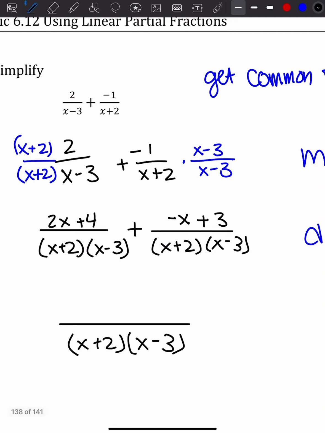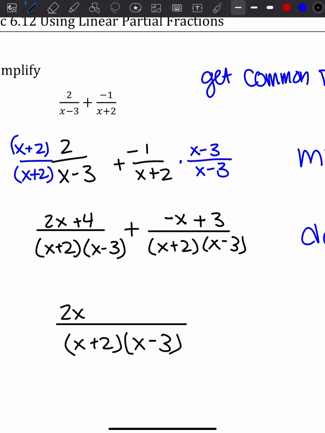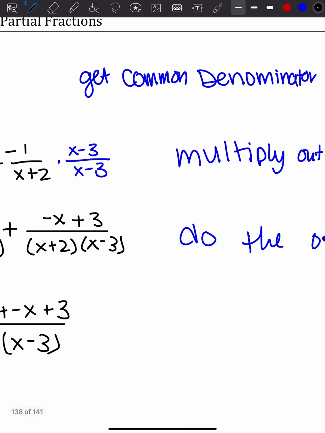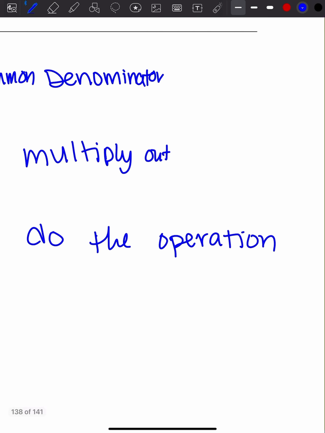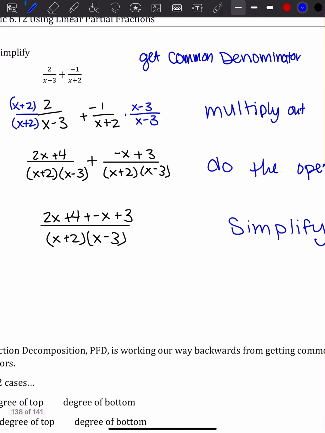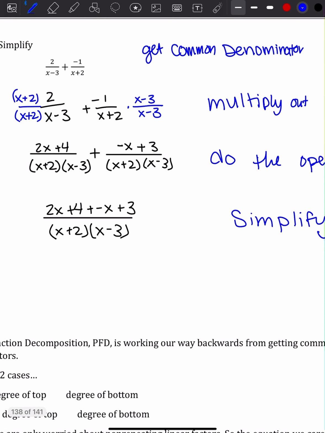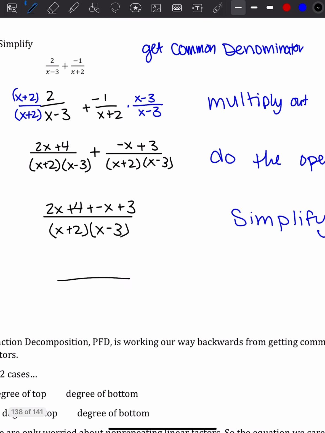So we have a 2x plus 4, plus negative x plus 3, and then we are going to simplify. Our simplifying is just combining like terms. So 2x minus x is going to give us x. 4 plus 3 is 7, so we have x plus 7.